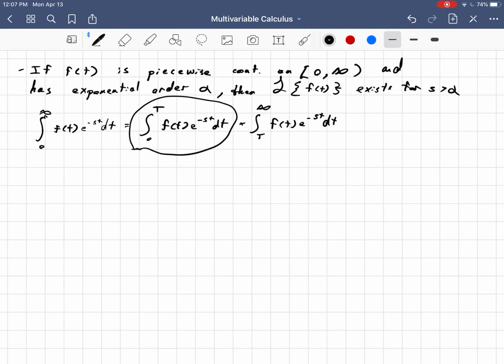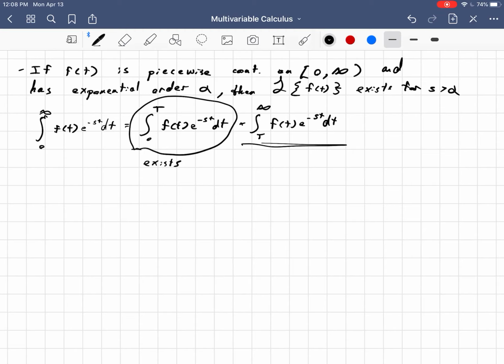So this first integral here, it should be pretty obvious that it exists because we're assuming f of t is piecewise continuous, so there's nothing wacky with continuity going on, and e to the negative st decreases in area below its curve as t gets bigger.